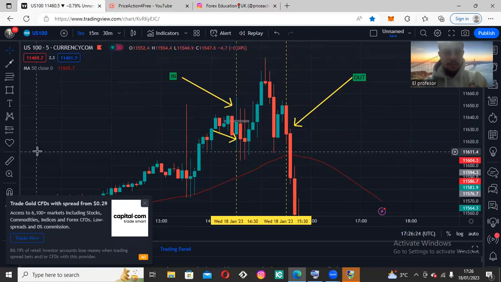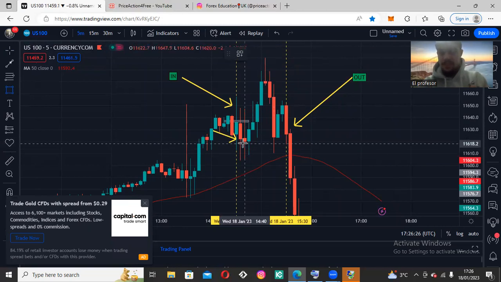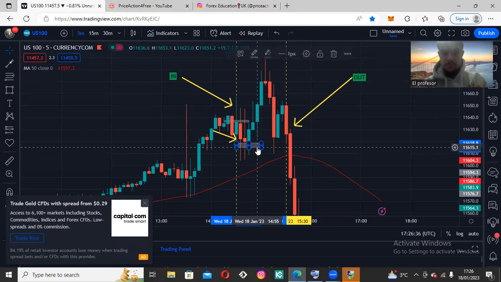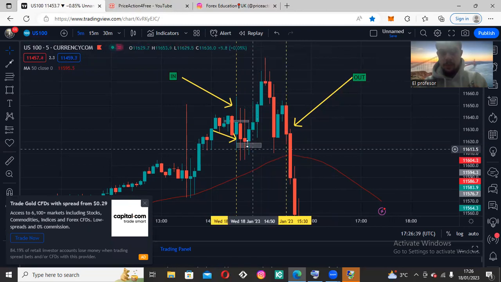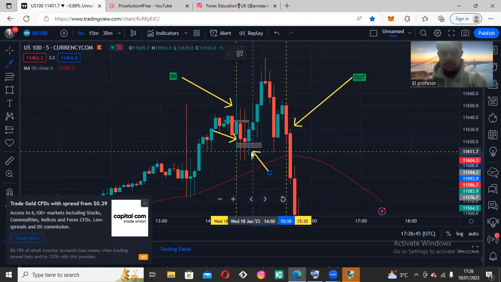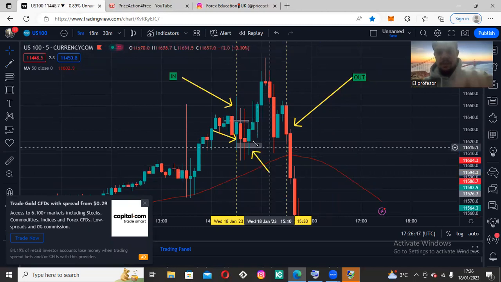After that, what happened is price creates a support level right here. So at this point, the support is created right here, yeah? Beautiful, nice.